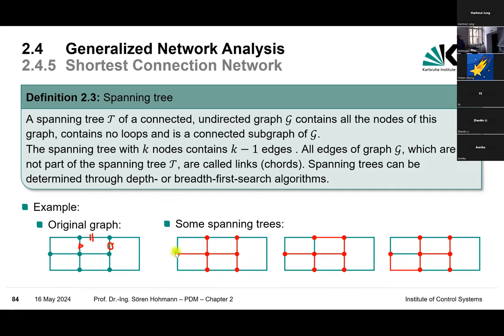The idea is you have to connect all nodes without closing the loop, which is obviously given by the red graph. So if I just put one connection between two nodes here, then I close the loop such that I can circle around in one part of the graph.